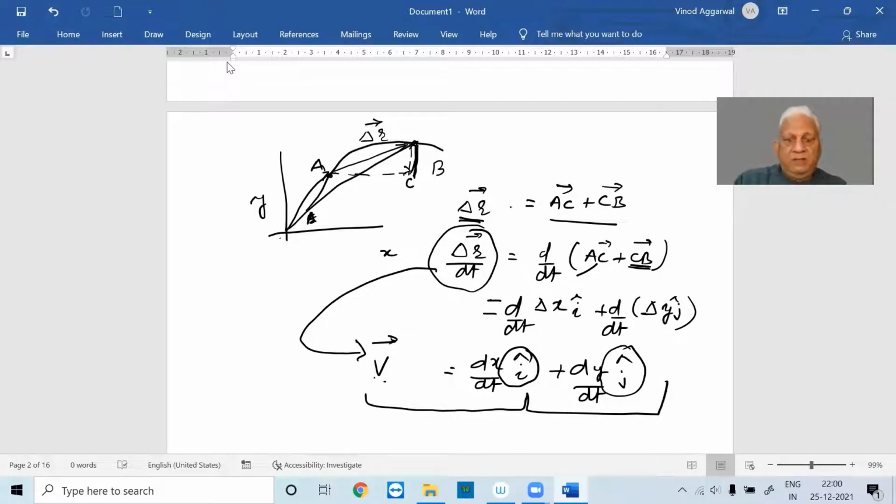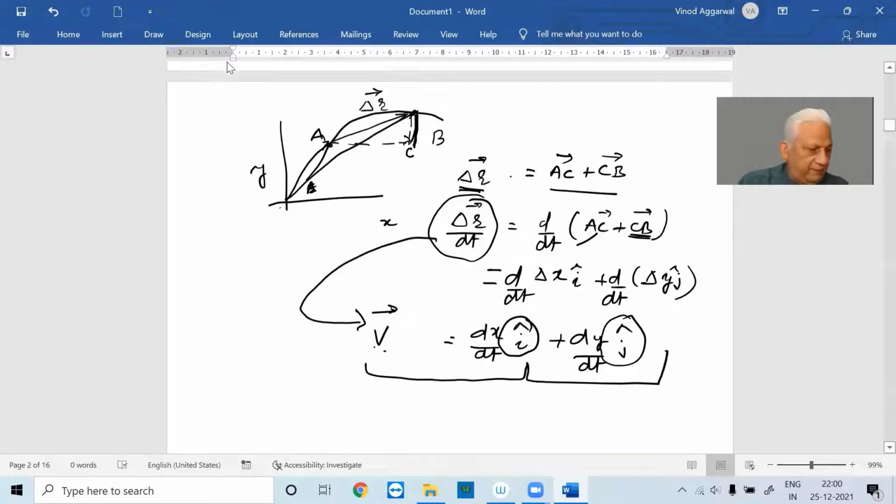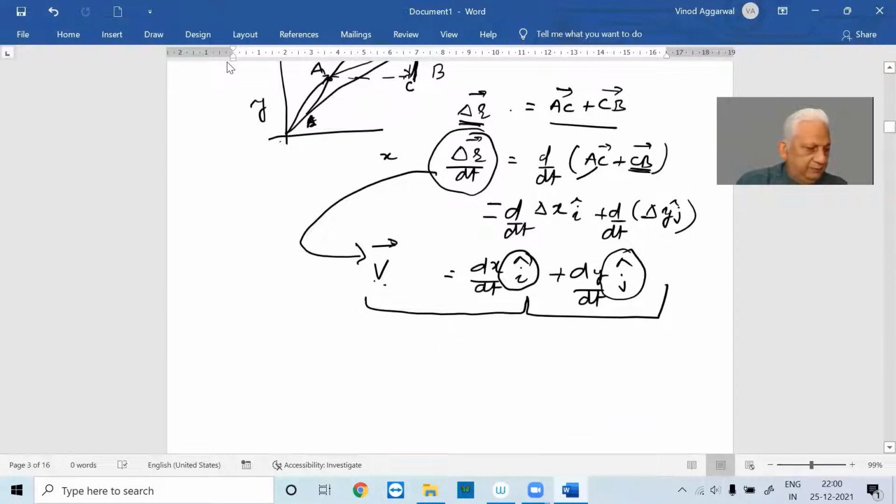Similarly, if there is a z direction, we can add the z component also, exactly the same way. So what we have seen is that total v is the velocity in x direction plus the component of velocity in y, in z direction, right?